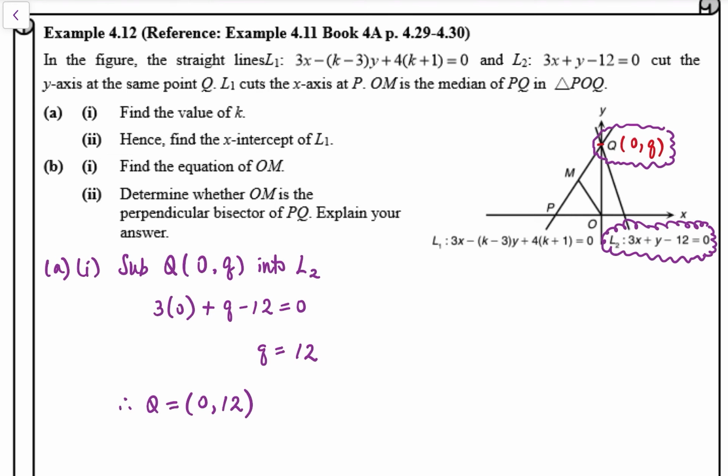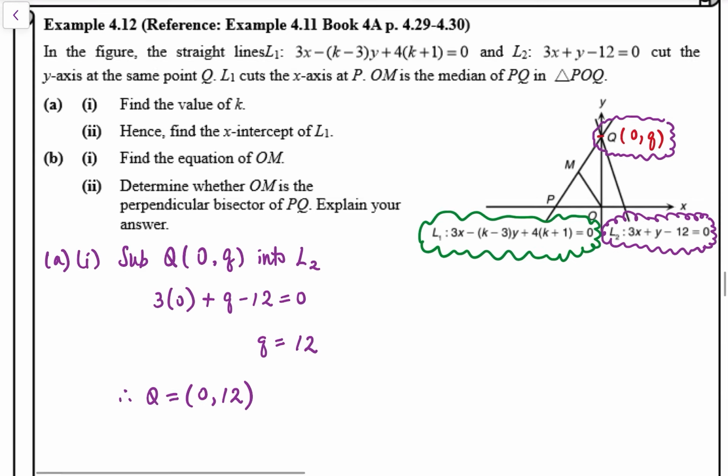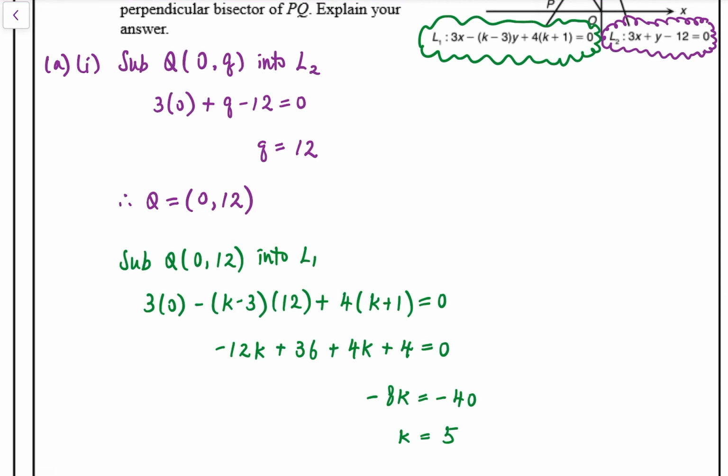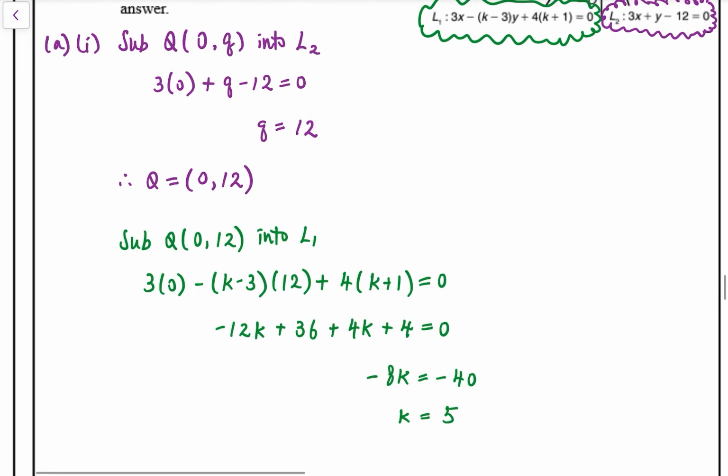We get the coordinates of point Q, (0, 12). Next, we can substitute Q into L1 to find k. We get k equals 5. Before we move on to part A, part 2, let's take a look at the equation of L1. Since we know k equals 5, the equation of L1 becomes 3x minus 2y plus 24 equals 0.